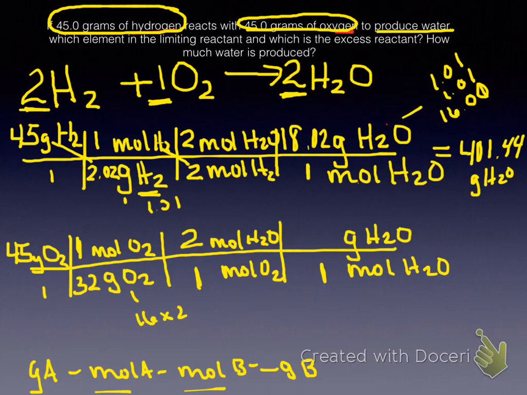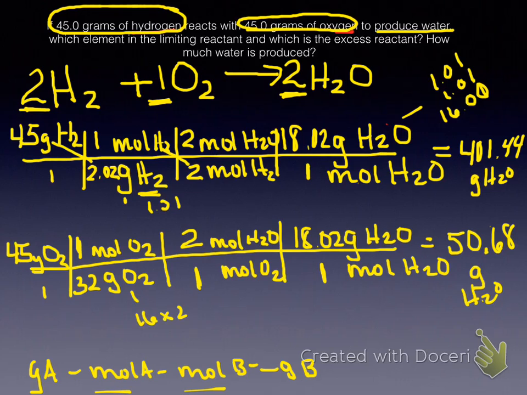We already calculated that at 18.02 grams. Now it's down to calculating again. 45, multiply across the top, times 2 times 18.02 divided by 32 equals 50.68 grams of water.